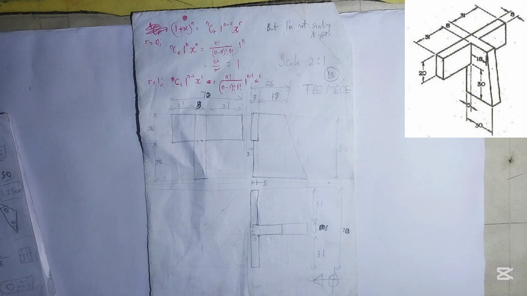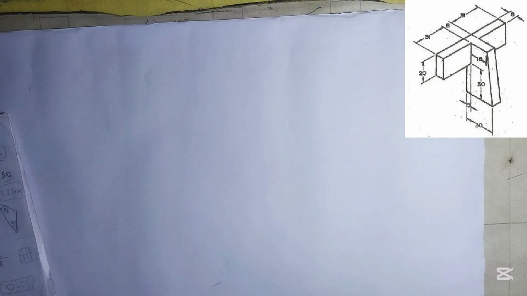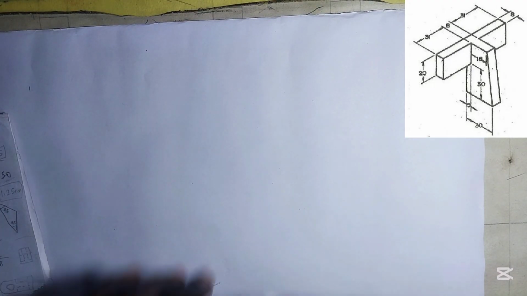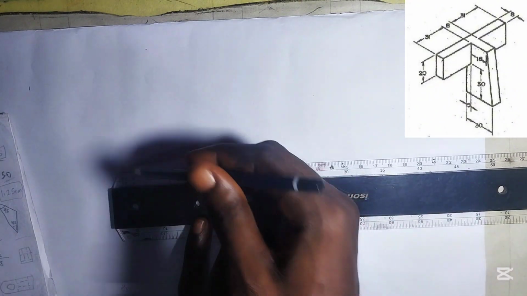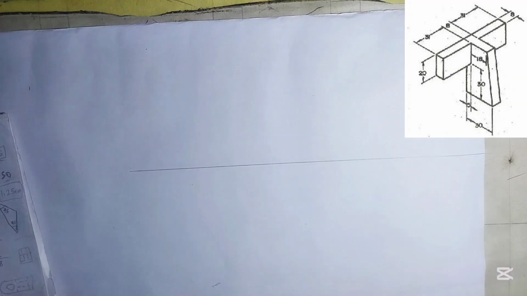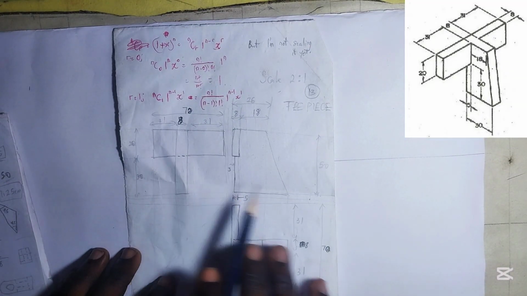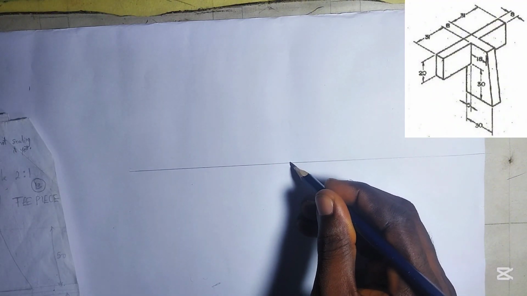All right, now to start with this diagram, we're going to start with our horizontal line, of any dimension, preferably with a T-square, but I just want to use this. Now from our line, since this will be our diagram, we can just centralize it. So we have a point.